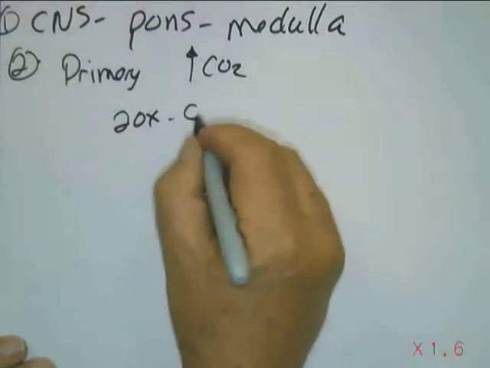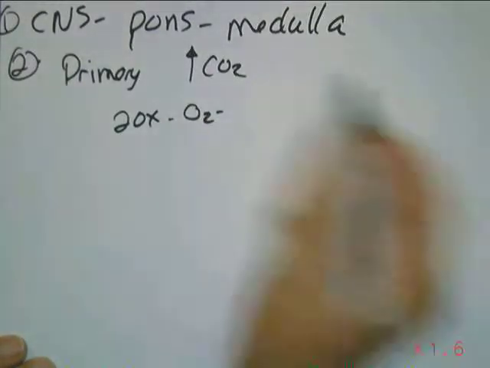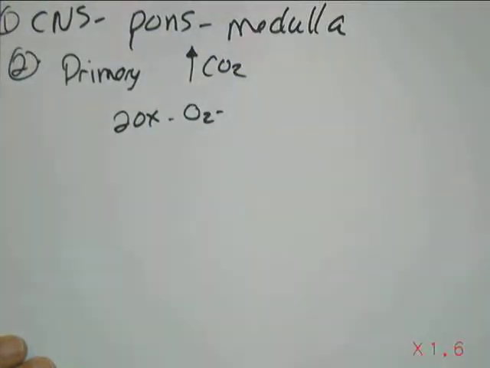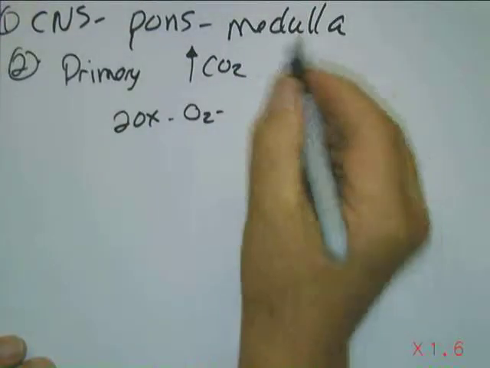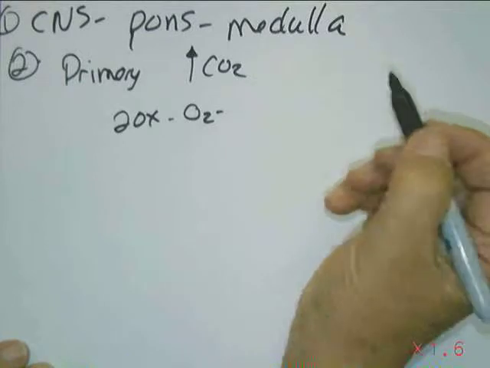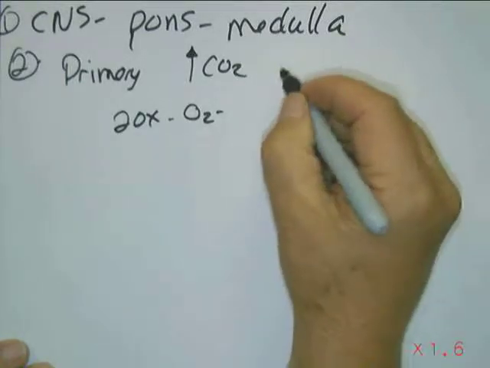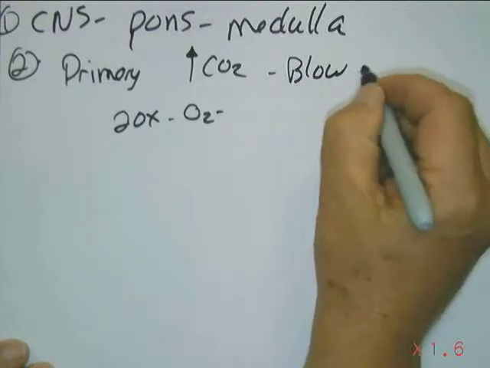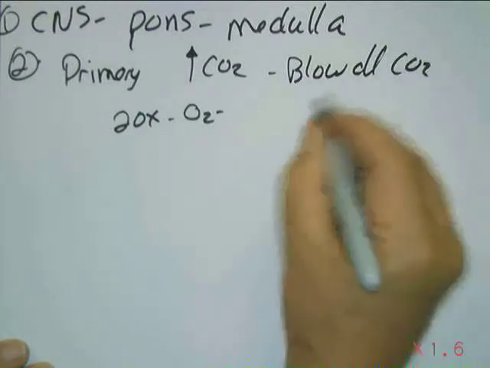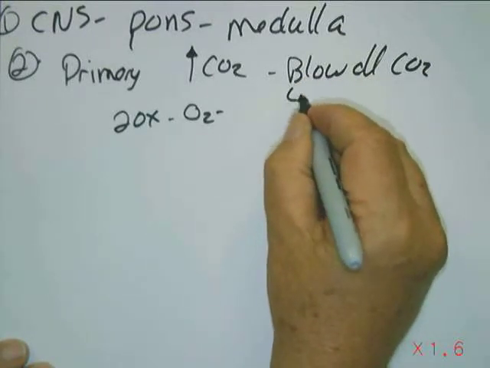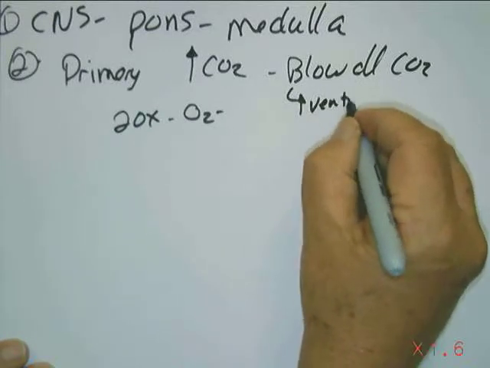Because of that, oxygen stays fairly constant, but the CO2 levels will change pretty quickly. Thus, if your blood levels of CO2 get too high, you're going to increase your ventilation. Increased ventilation will blow off your CO2.